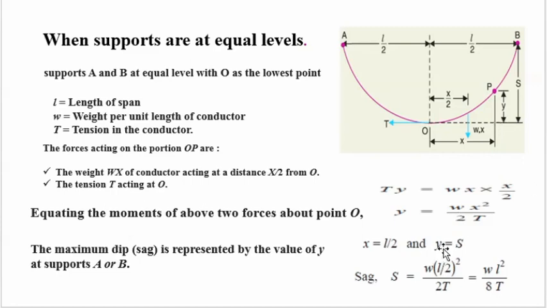So we substituted Y is equal to S and X is equal to L over 2, where X is equal to L over 2 is half distance of the length of span.